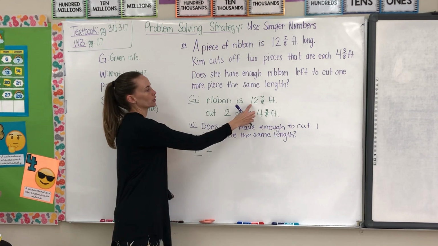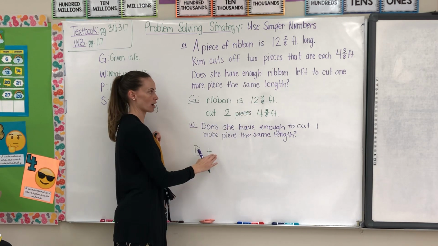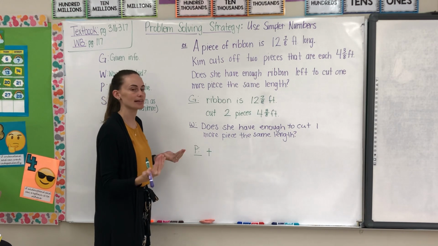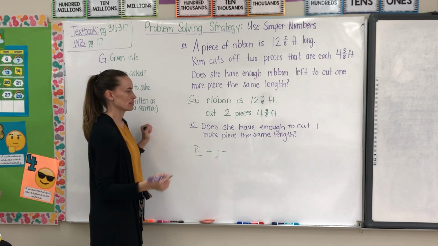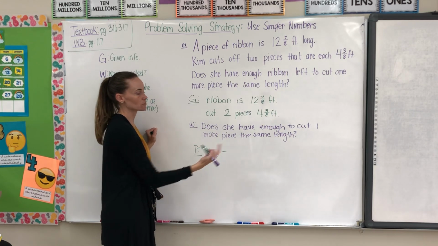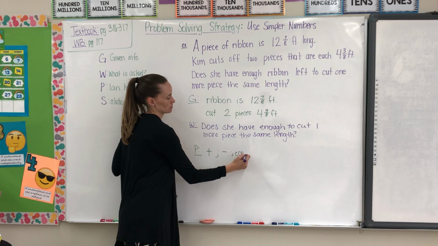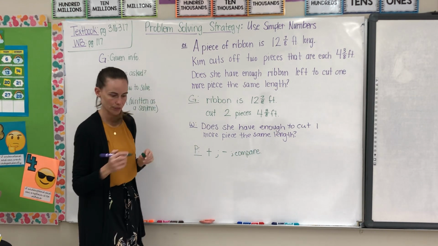Then we want to know if after she has that total cut off, how much would be left. So to find out how much is left, we're going to need to subtract that and then see if it's enough to cut, so then we would have to compare. Okay? Don't worry, we're doing it together.